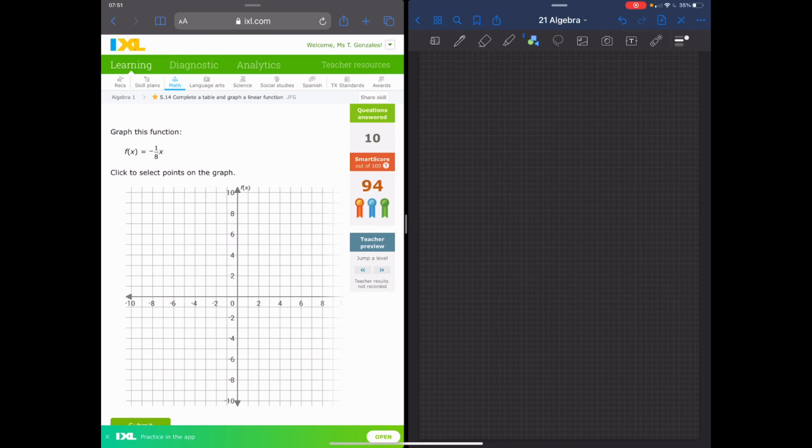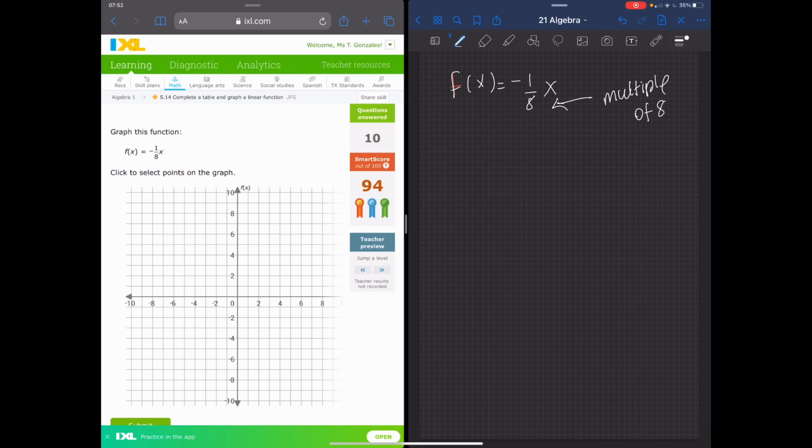This is one of those situations where you want to pick the multiple. Remember, this is what's known as a proportional function. So f of x equals -1/8 x. So again, you want to pick a multiple of 8.